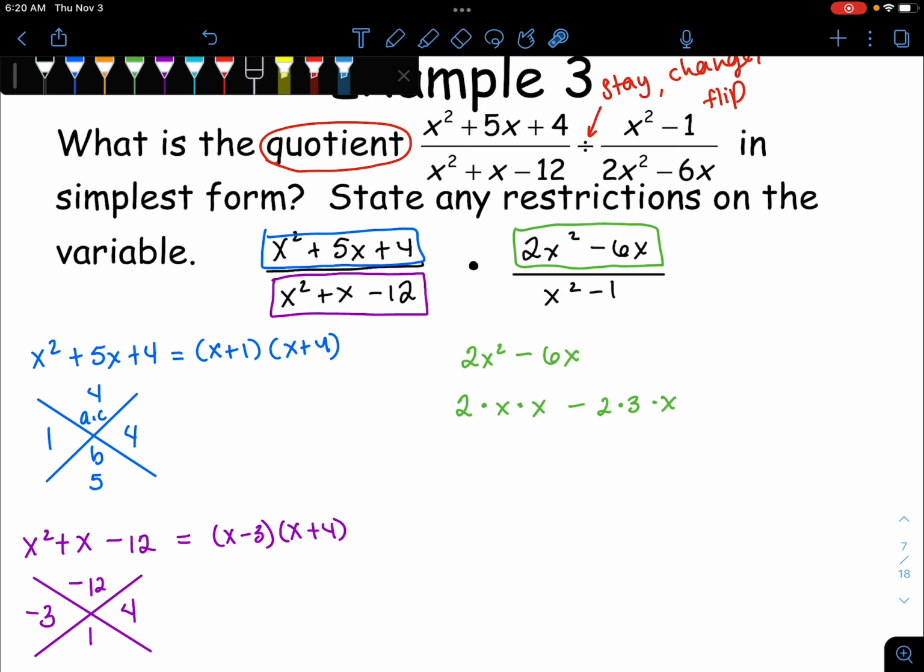And now we're going to take out what they have in common. They have 2 in common. They have x in common. So I'm going to take them out. So I'm going to do 2x. And then whatever stays inside will go in the parentheses. So this will be the factor.